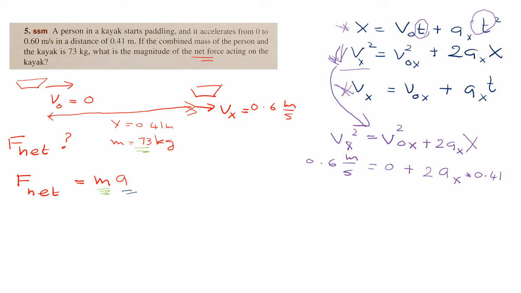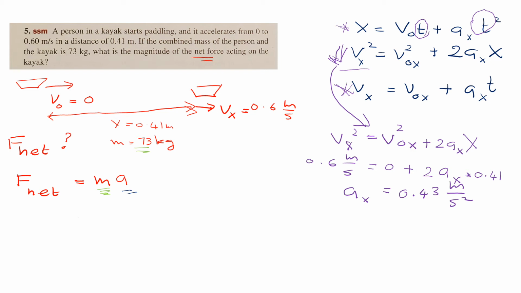If you solve for ax, you will get 0.43 meters per second square.